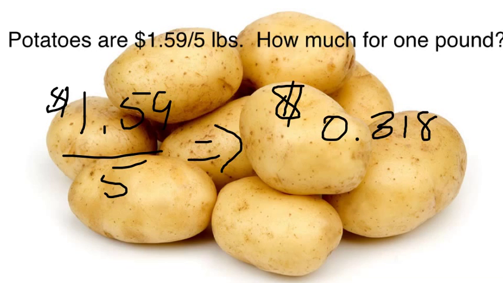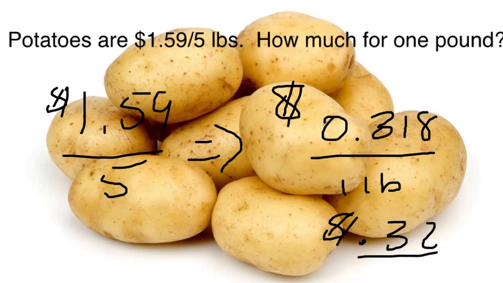But remember, with money, we have to round to the nearest hundredth because we only have pennies. We go to dimes and pennies. So we have to round to the nearest hundredth. So this is actually telling me that the potatoes are 32 cents per pound. The 8 tells the 1 to round up to 32.